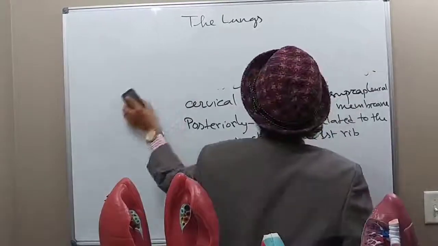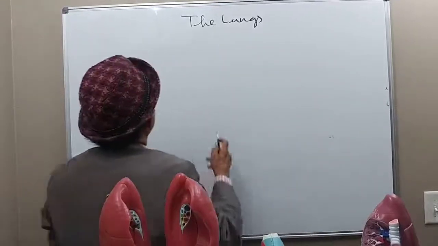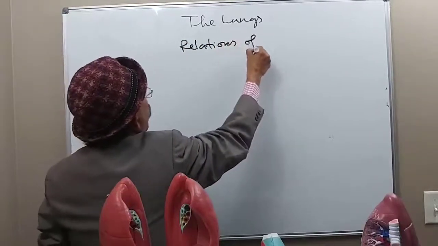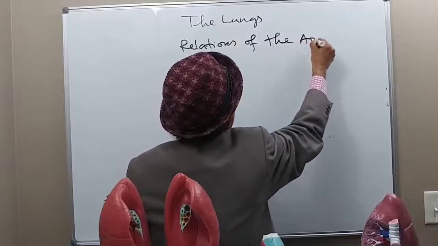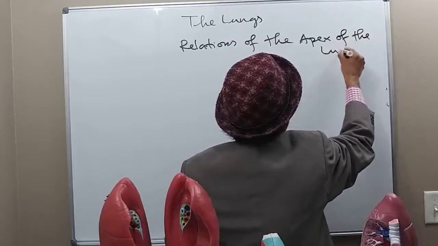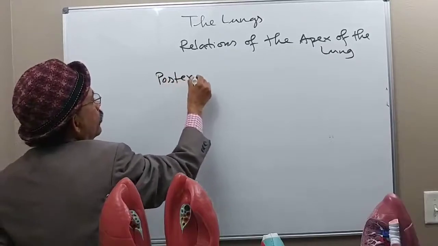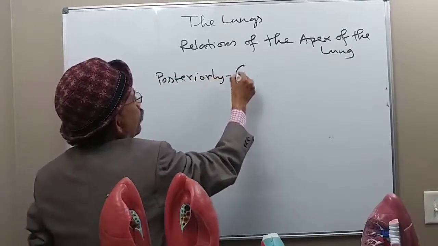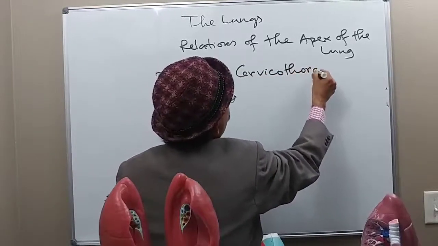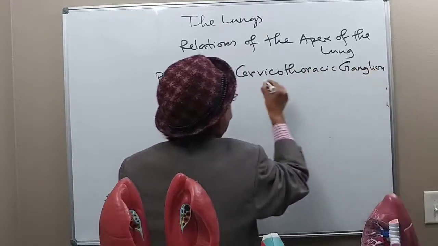Then we have the relations of the apex of the lung. Posteriorly, it is related to the cervicothoracic ganglion, also called the stellate ganglion.